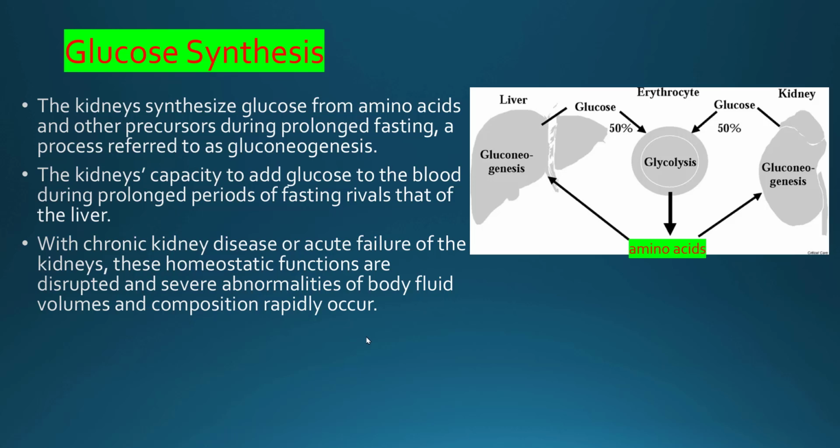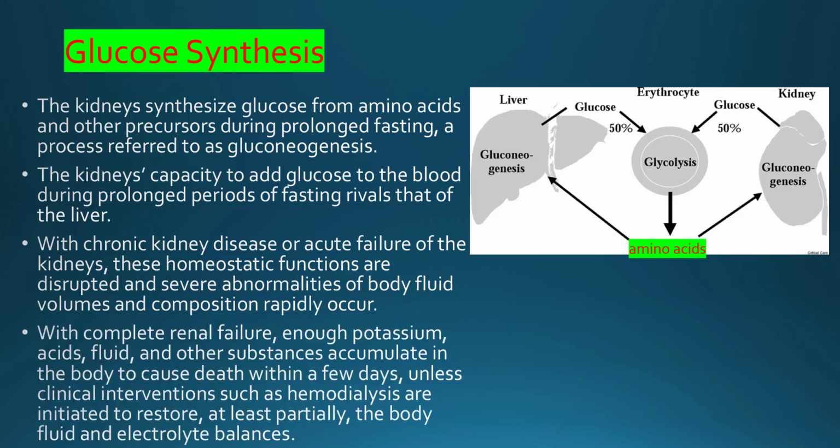With chronic kidney disease or acute failure of the kidney, these homeostatic functions are disturbed and severe abnormalities of body fluid volume and composition rapidly occur. When there is damage to the kidney, all these functions deteriorate.